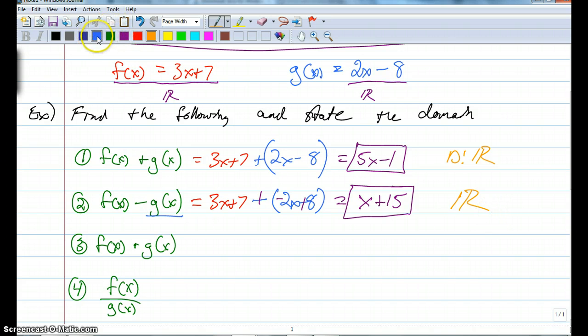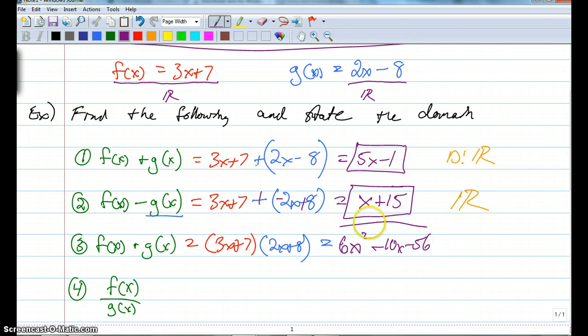F of x times g of x. 3x plus 7 times 2x minus 8. We have to FOIL that out, and we should get, long story short, I forgot my purple, 6x squared minus 10x minus 56.